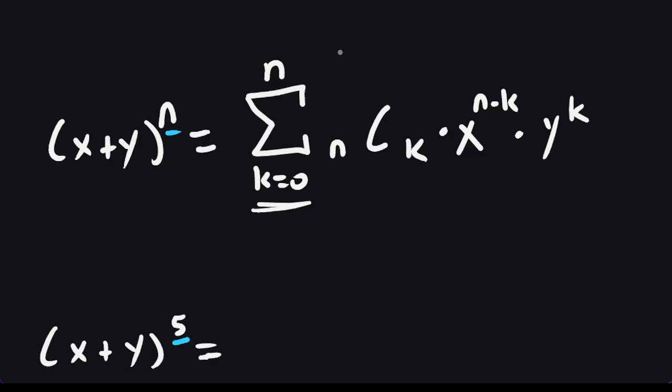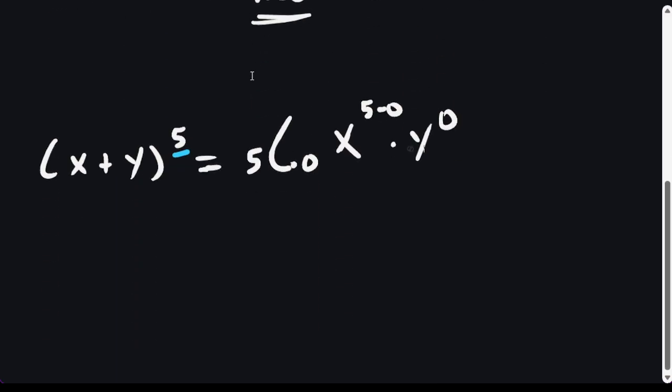So we're going to use this formula for the sigma right here. So this is 5 choose, and again, k, we're starting at 0. 5 choose 0 times x to the n minus k, so 5 minus 0, times y to the k, y to the 0.